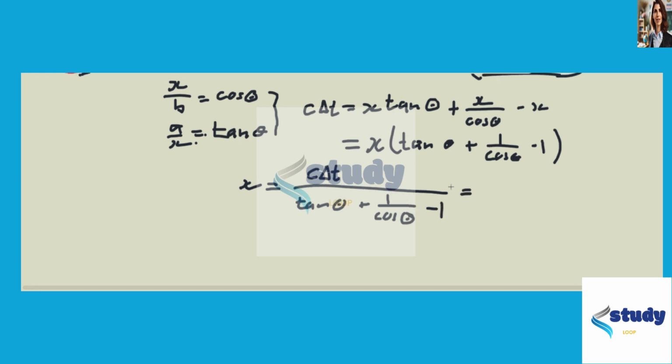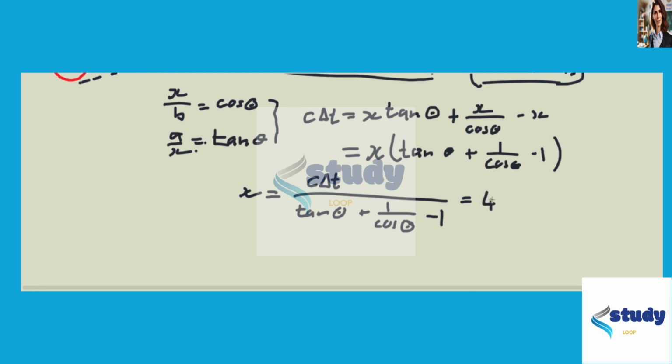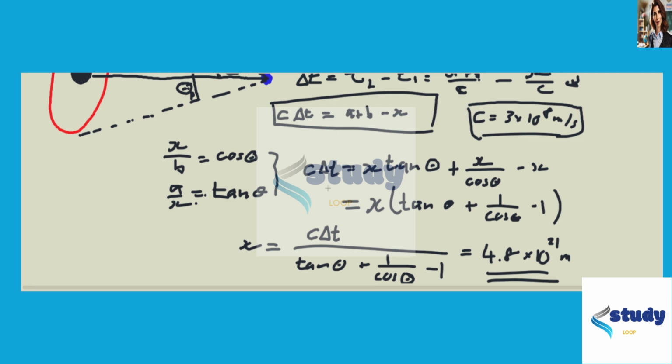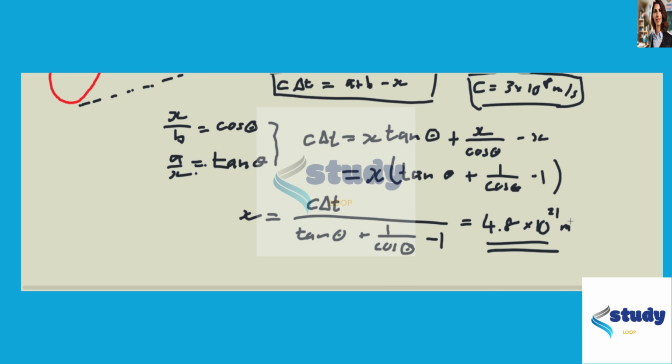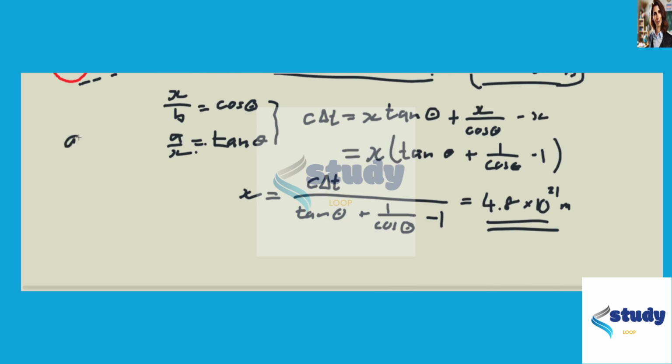And now substituting in the values, you find that this is roughly 4.8 times 10 to the 21 meters. Okay, so we find that the distance to the star remnant or the supernova is roughly 4.8 times 10 to the 21 meters. Okay, so this is part A.